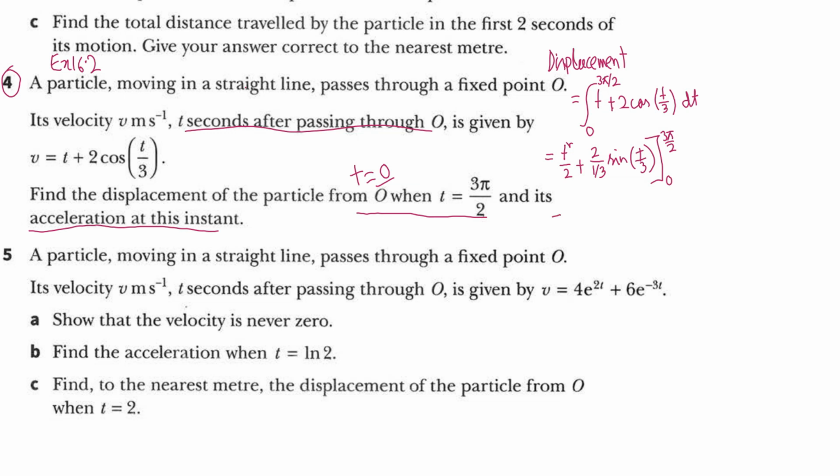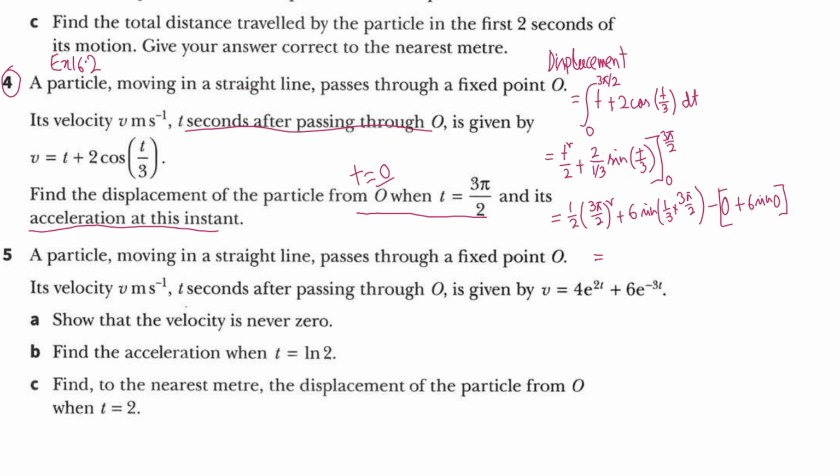So we put the values here: half into 3 pi by 2 whole square, plus this is 6, 2 divided by 1 by 3 is 6, sine of 1 by 3 into 3 pi by 2, then minus 0. If we put t equals 0, then plus 6 sine 0 also.